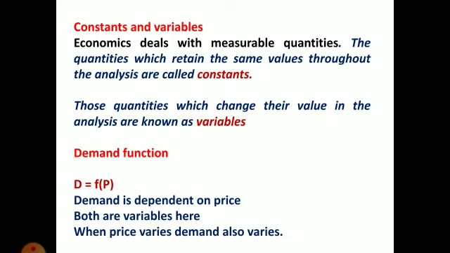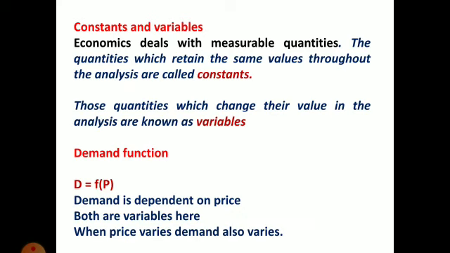The quantities where the values do not change in the analysis are called constants. Meaning to say, they remain as they are. Whereas those quantities which change their value in the analysis are known as variables.